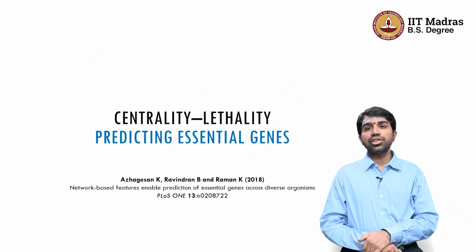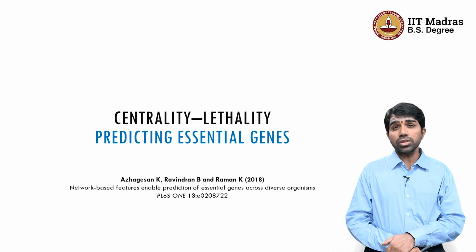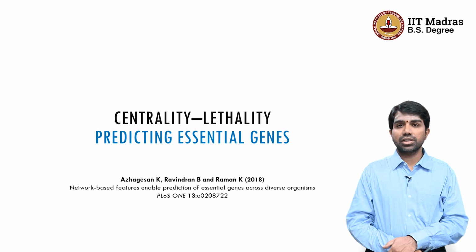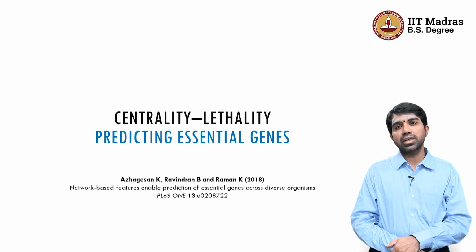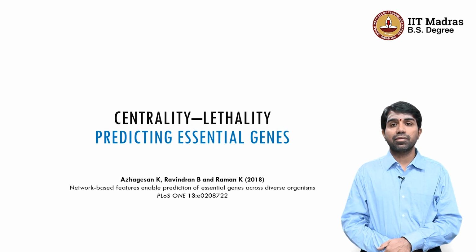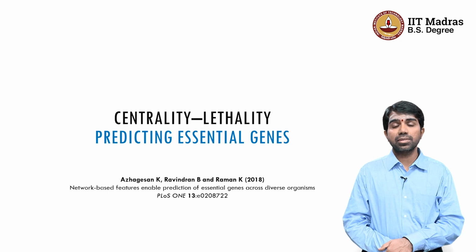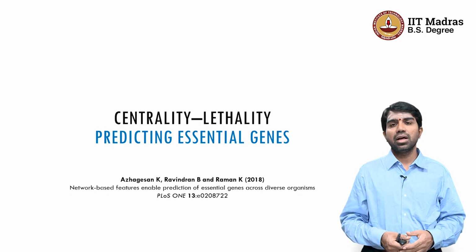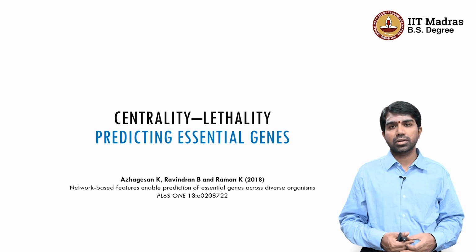So, predicting essential genes. So, now can you use this information to predict essential genes? We already did a study in 2014 wherein we looked at different measures of centrality. We looked at degree centrality and betweenness centrality in terms of their ability to correlate with the centrality lethality hypothesis.